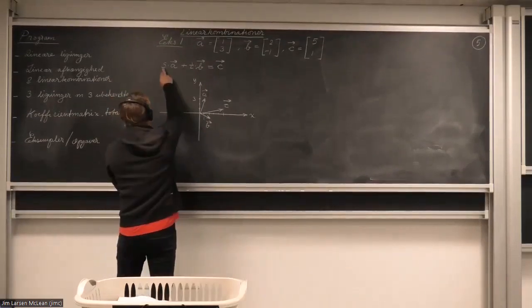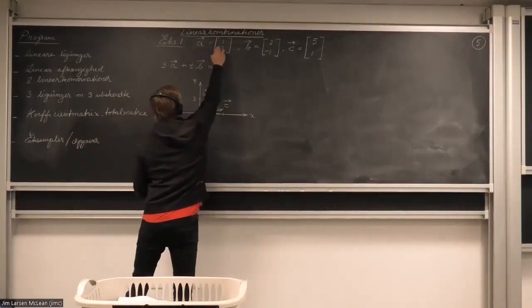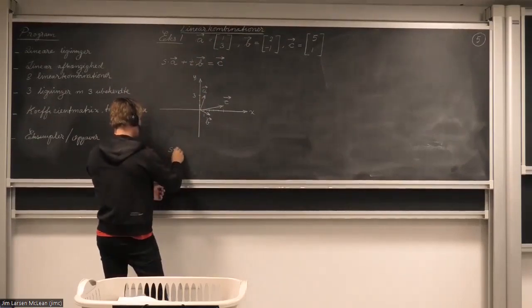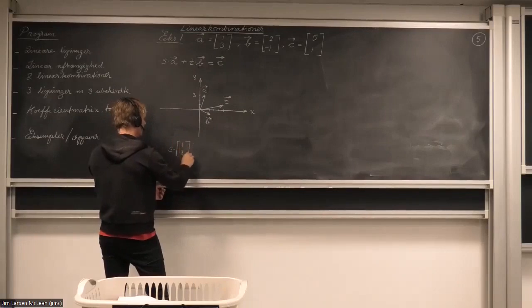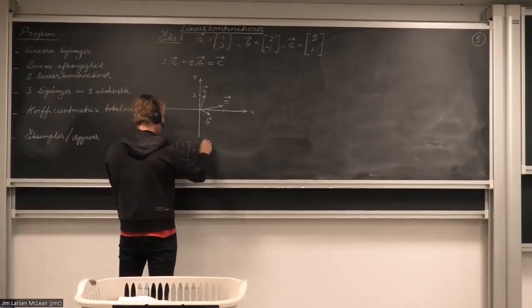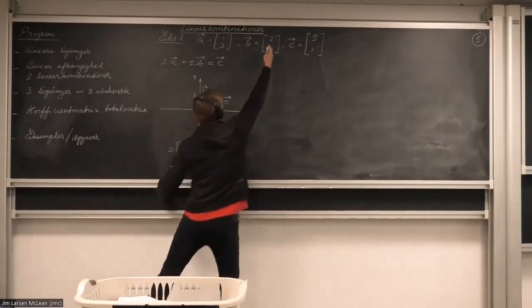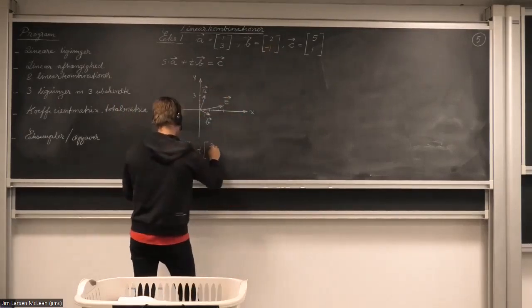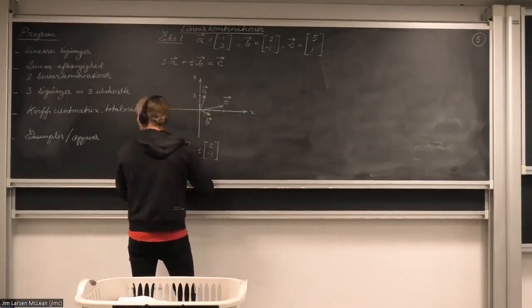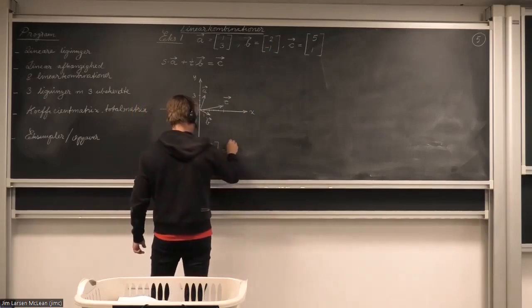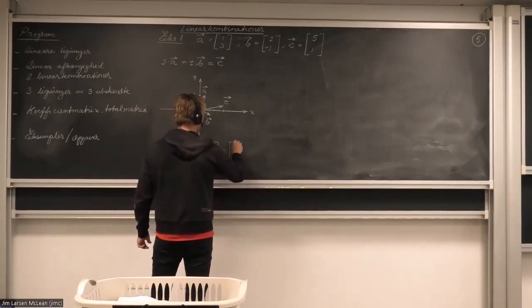So let's try s times vector A, that is s times this one. So I need to take s and multiply it with the vector (1, 3). Then I need to take t and multiply by the vector B, which was (2, -1). And that equals (5, 1).